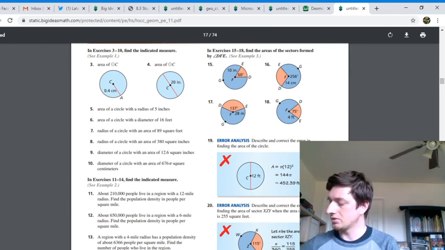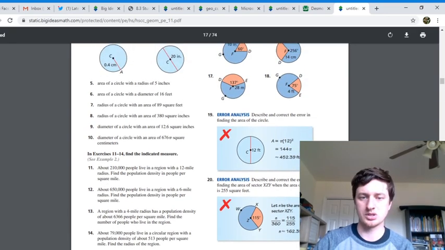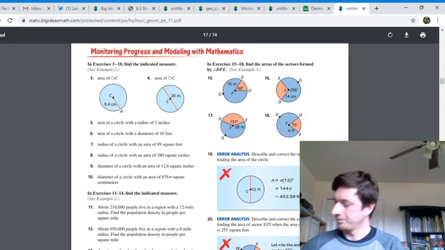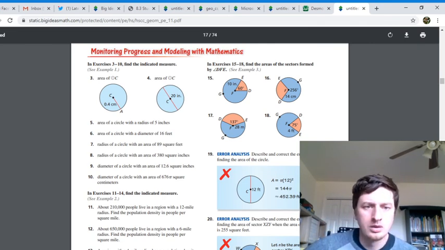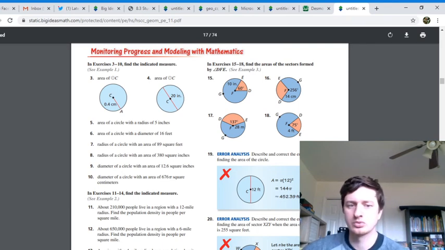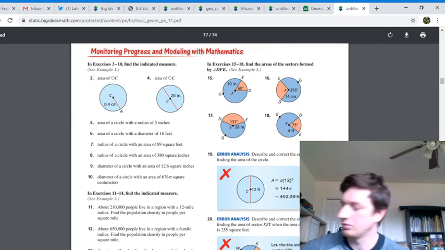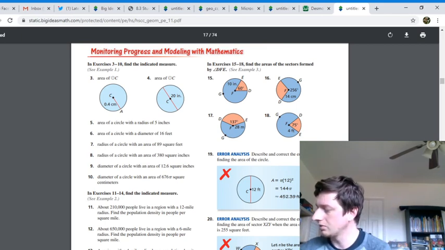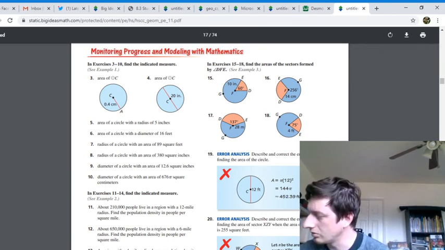The new practice is going to be page 606. Seven through, no, 5 through 8, and 15 through 18.